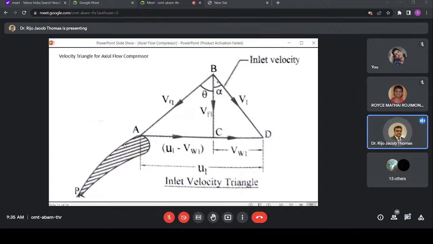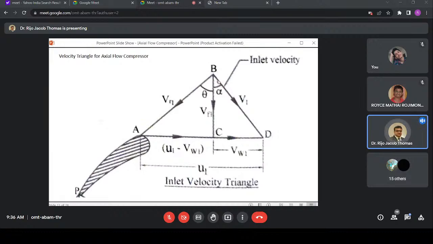Now at this end, I said the blade is moving in this direction, with U1. So U1 is marked here. The whole thing from A to D is U1, and this is V1, so you have a relative velocity VR1. So U1, V1, and connecting both, we have a velocity VR1.